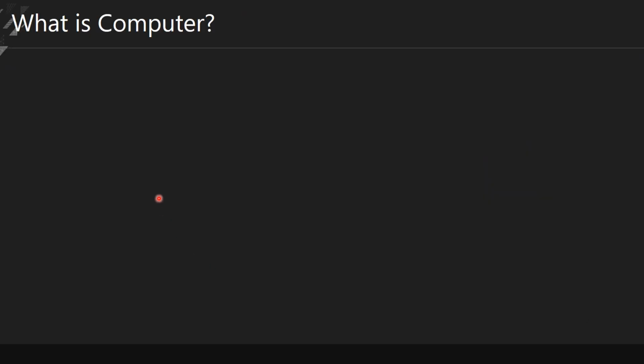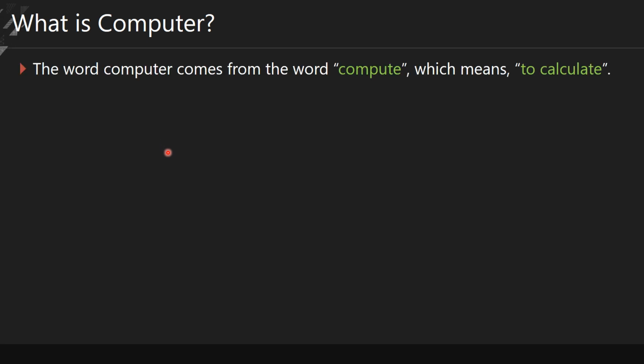Right. So before starting any course, let us understand the fundamental knowledge for any programming language. What is a computer? The word computer comes from compute, which means to calculate.